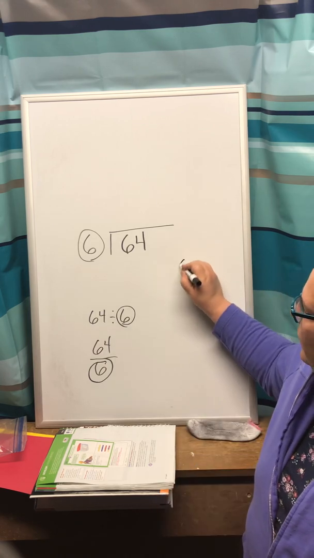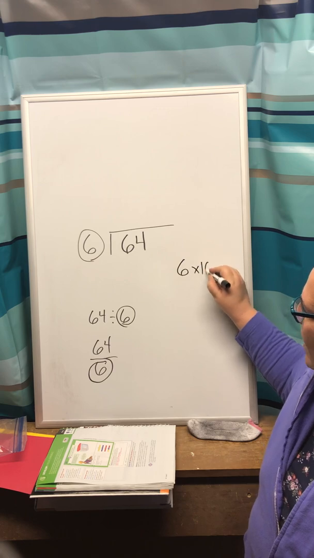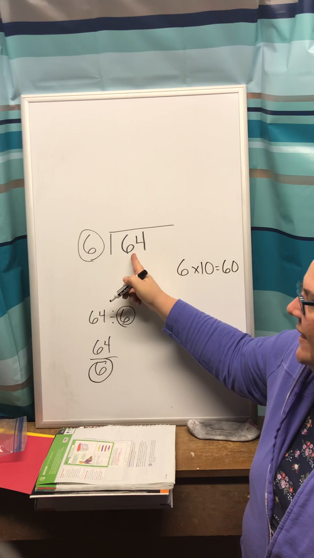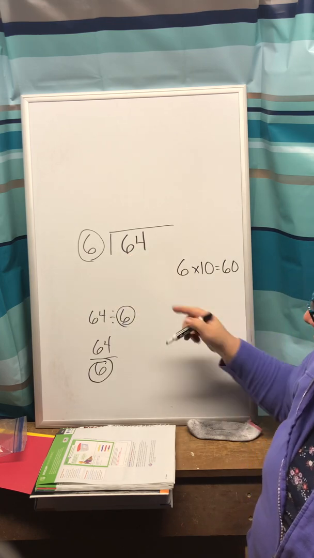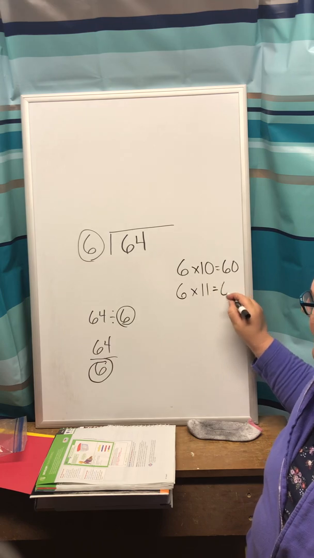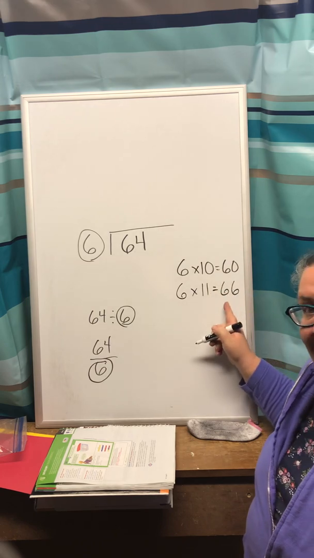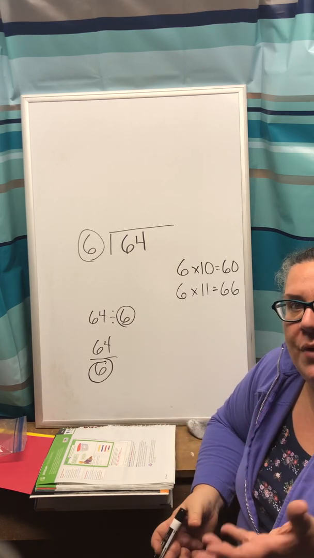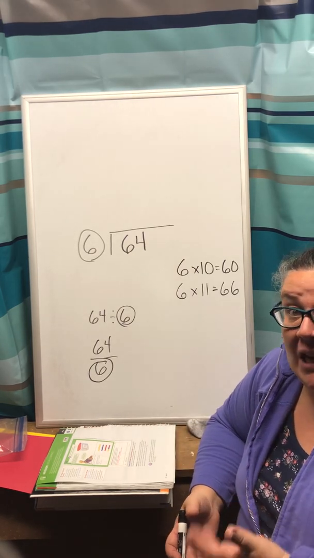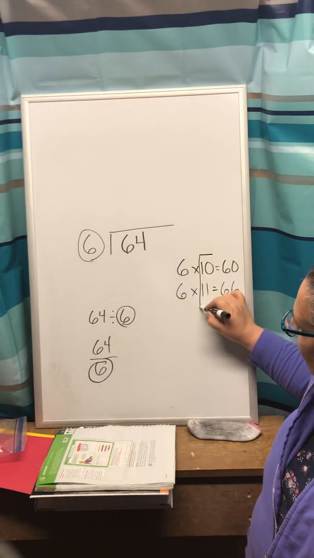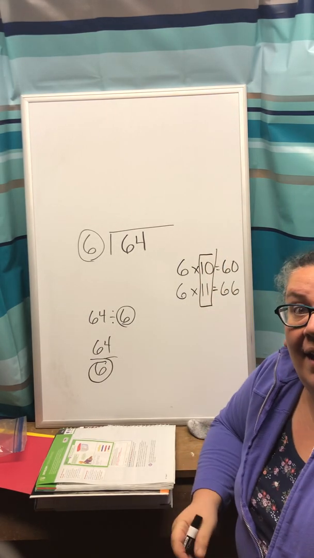So I know that 6 times 10 is 60. 60 is a little bit too low, but it's close. And I know that 6 times 11 is 66. 66 is close, but it's too high. So when they ask me between what 2 numbers my quotient, my answer is going to fall between, I'm going to say my answer is going to fall between 10 and 11.